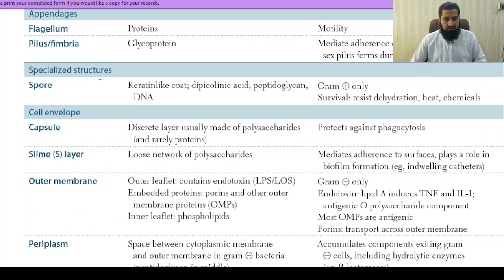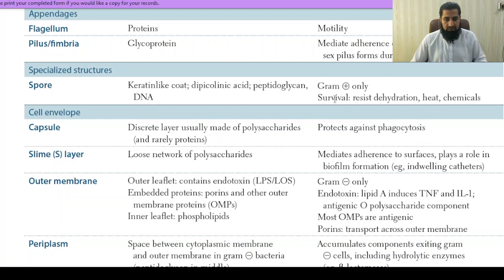Another thing, specialized structures are spores, only present in the gram positive bacteria. These spores have a keratin like coat, dipicolinic acid, and peptidoglycan, and their function is survival. They resist dehydration, heat, and chemicals.